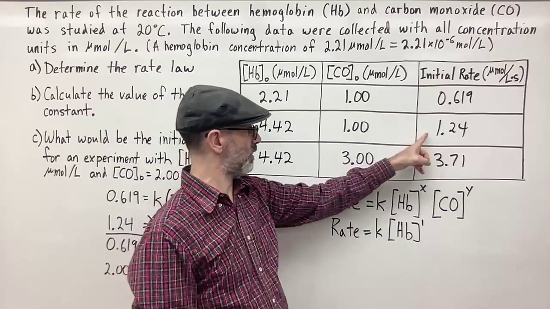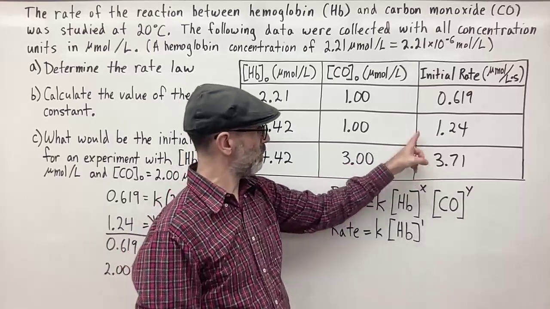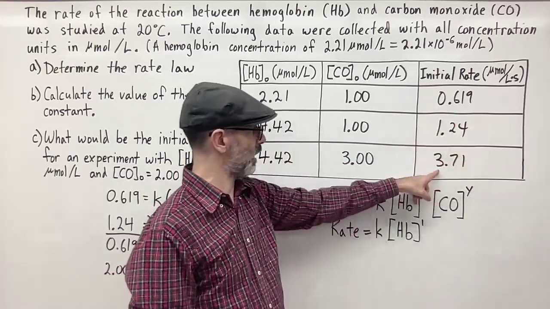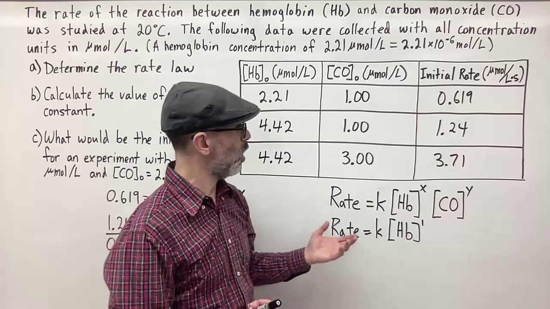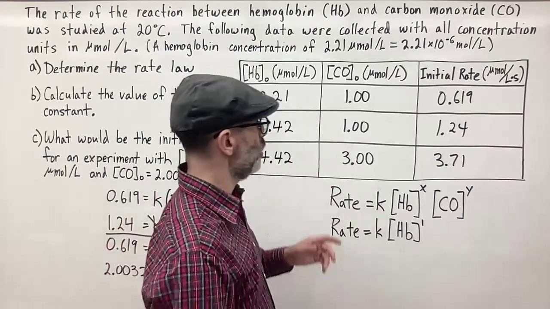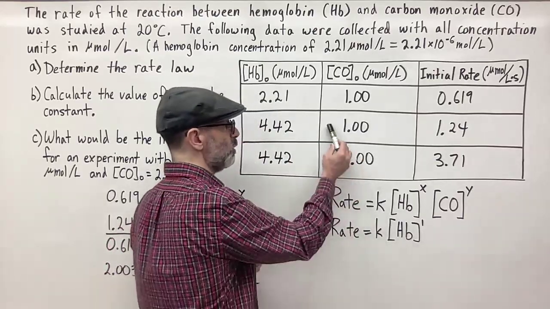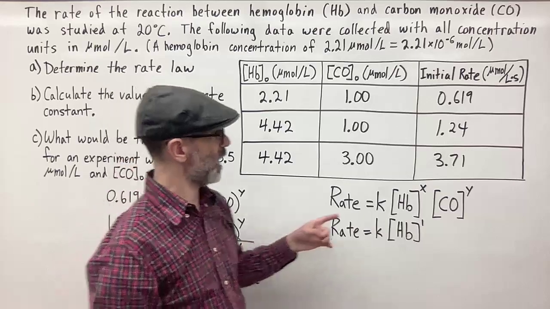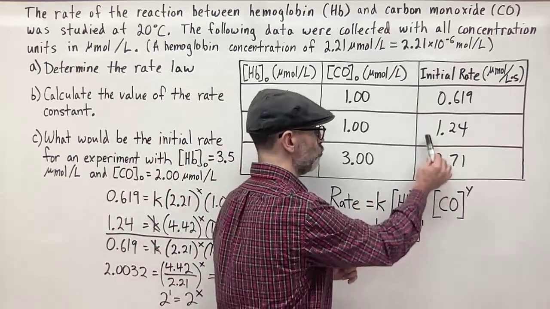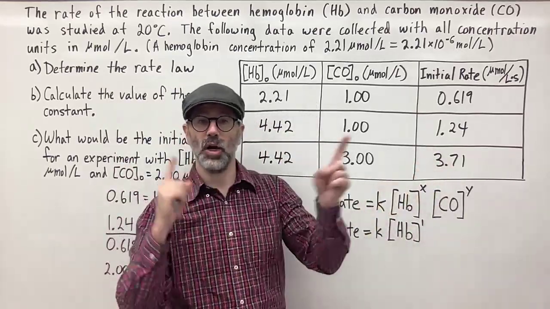And you'll notice that this is about triple. So if I multiply this by 3, I get about 3.71, right? So if I triple the concentration of carbon monoxide, then I also triple the rate. So it's a 1-to-1 again, right?